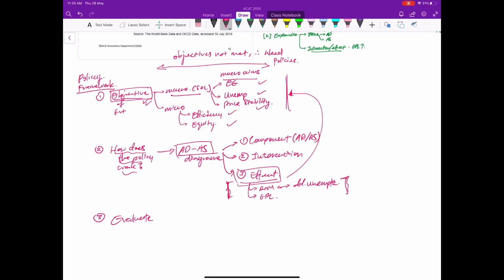You have to be extremely clear of the rationale, objective of the government whenever they implement a policy. It is possible that the government may have multiple objectives, or it's also possible that they have a single objective but multiple policies to achieve that objective. It's possible, just that you need to have this framework in mind.